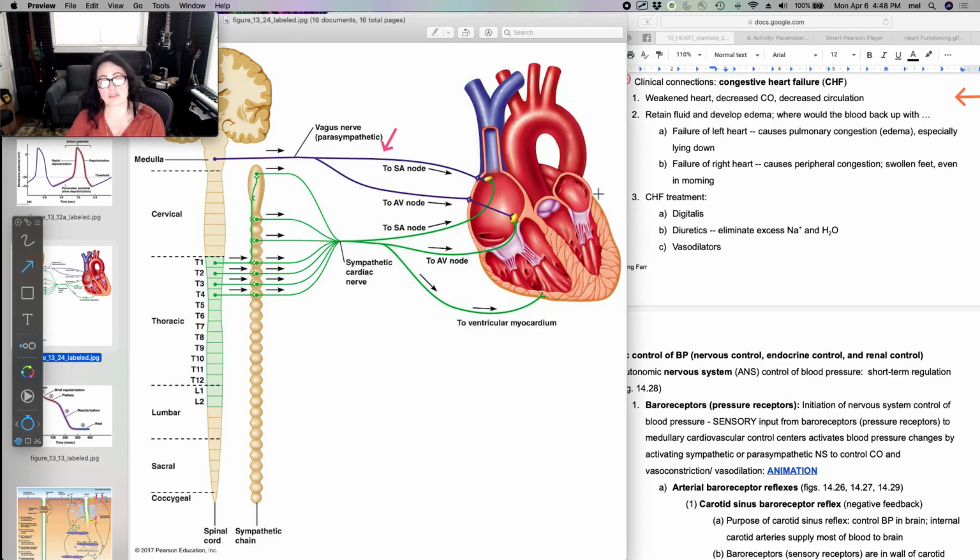that the ventricles generally are going to weaken. Let's say that is due to a heart attack or due to too much pressure in the arteries that you're dealing with here.